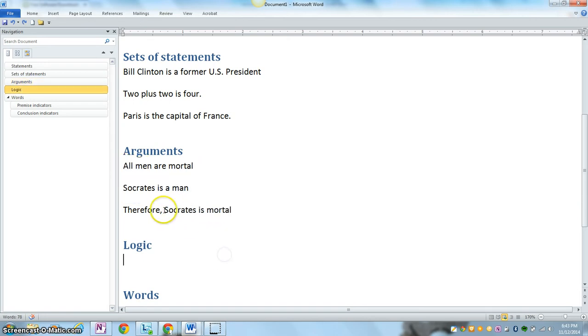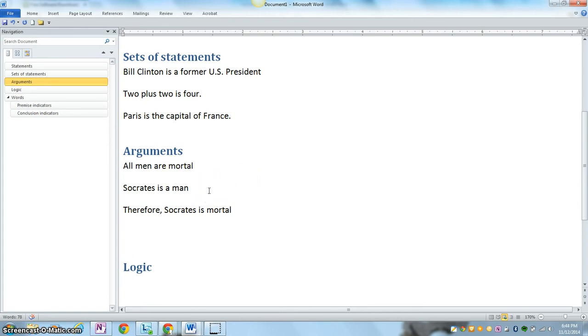Now, the statement that is supported by the other two statements in this case is called the conclusion. And the statements that serve as the starting point and support the conclusion are called the premises. Okay, so these are two important bits of terminology.